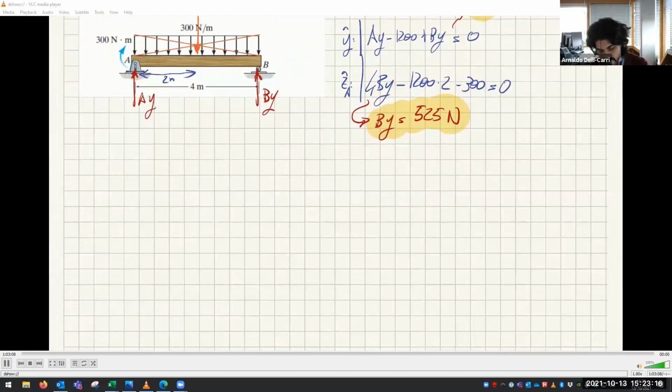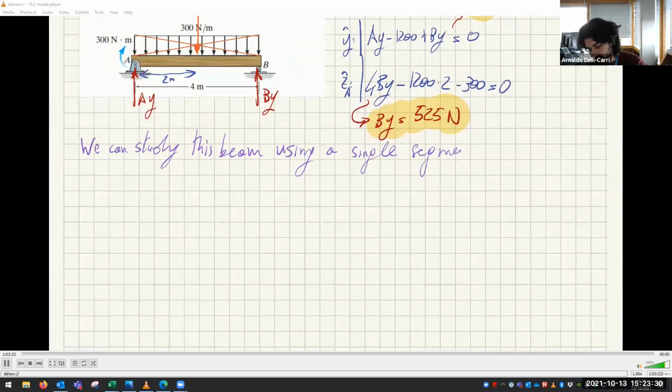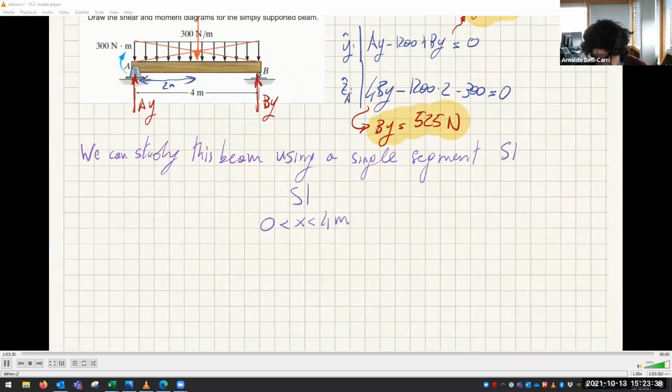We can study this beam using a single segment, S1. So let's say S1, X goes from 0 to 4 meters, because that's how long the beam is.